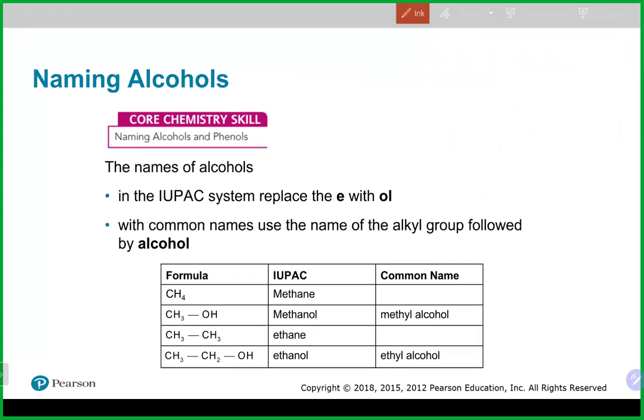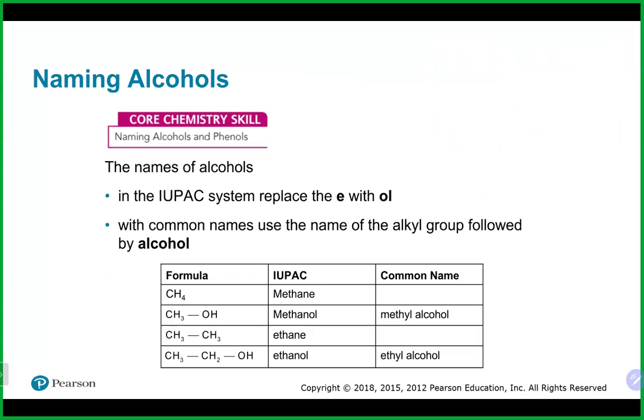And when we talk about alcohols, we do name them, and they are named basically by taking that alkane name, dropping the E, and basically putting OL. So, for example, here, we have our methane, taking out one of those hydrogens and replacing it with that alcohol functional group is now no longer methane.